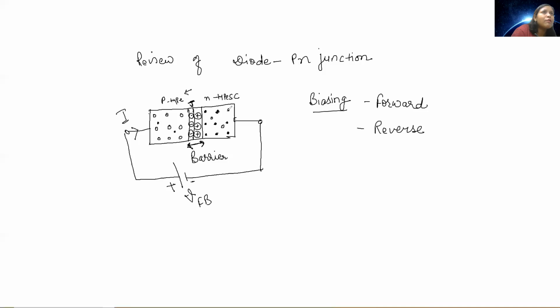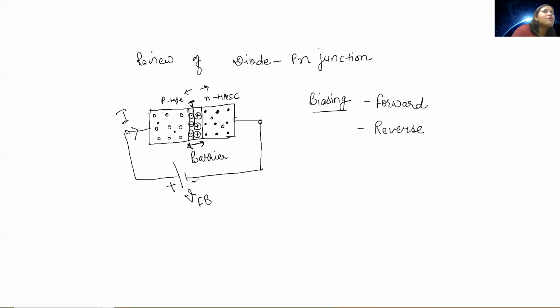Similarly, the electrons from the n-type semiconductor were repelled by the negative ions of the p-type semiconductor. They were not flowing towards the junction, but rather pushed back away from the junction.